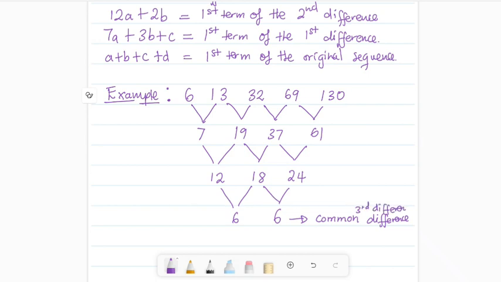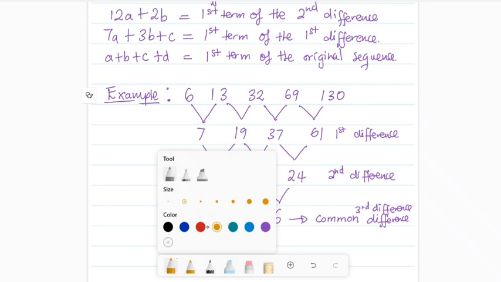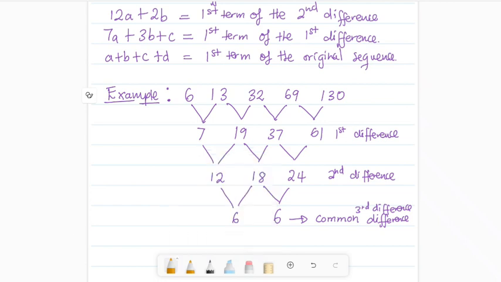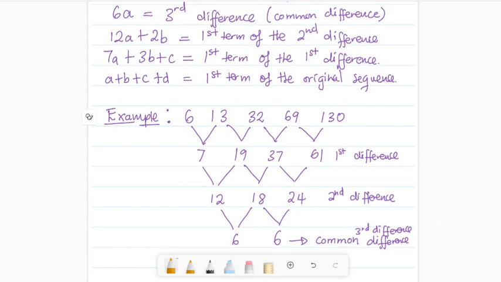So this is the third difference that was highlighted up there, and this is the second difference, and this was the first difference. And then the terms that we highlighted, if you look at this equation, let's start from 6a is equal to the third difference, which means we're taking this value.